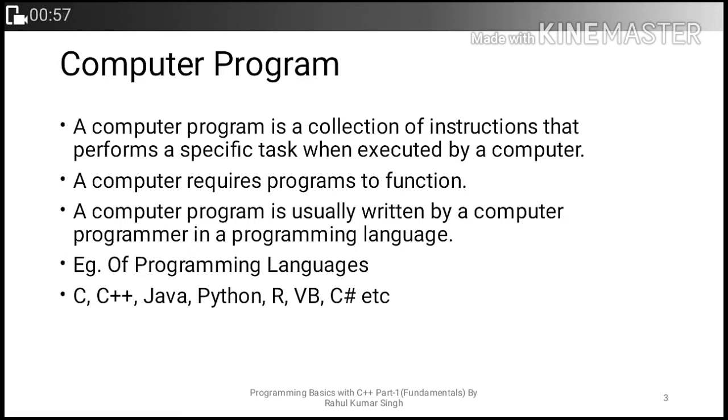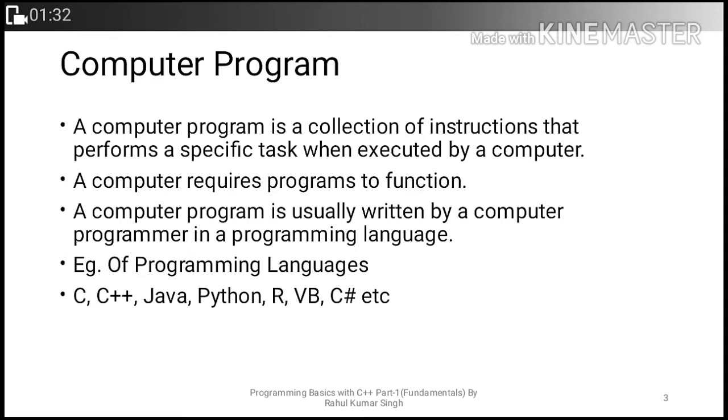That's an instruction that the person should follow. Similarly, when we want something to be done by a computer or a machine, we need to give it instructions. That instruction, or collection of instructions, is called a program, which should be written and can be executed through a computer to perform that task or function which we want.